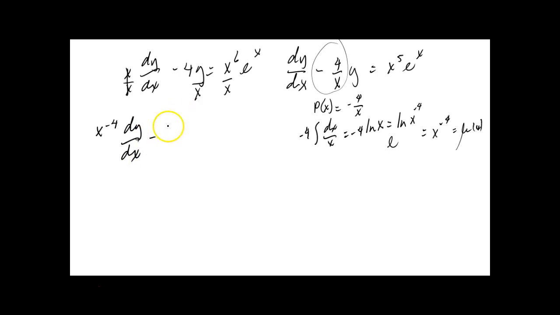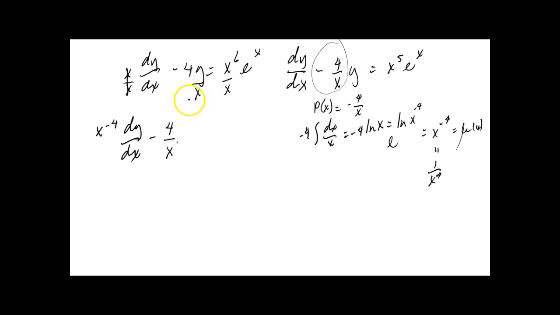The 4 you got right. It's over x, but over x of what? Another way of writing this is 1 over x to the 4th. Is that going to help you any? So then 4 over x to the 4th.